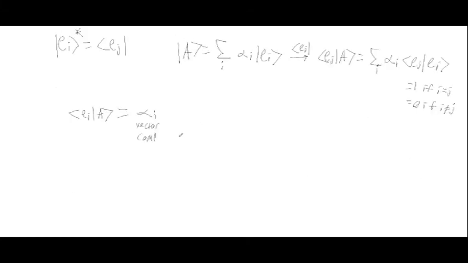And so what we can say here is that the vector components, the alpha I, are equal to the inner product of our vector with the basis vectors. And so we take the inner product of our vector with the basis vectors, and that's what gives us the vector components.